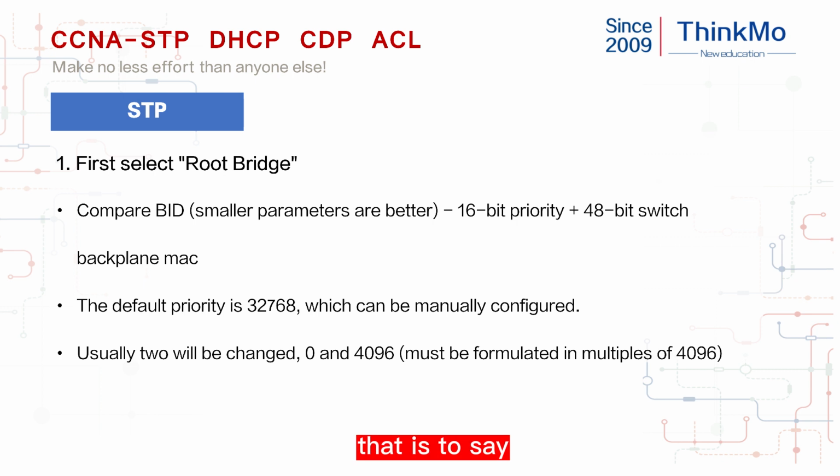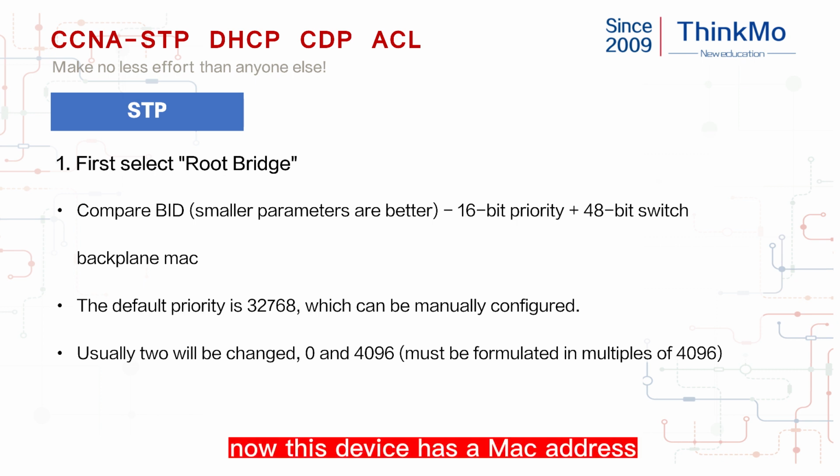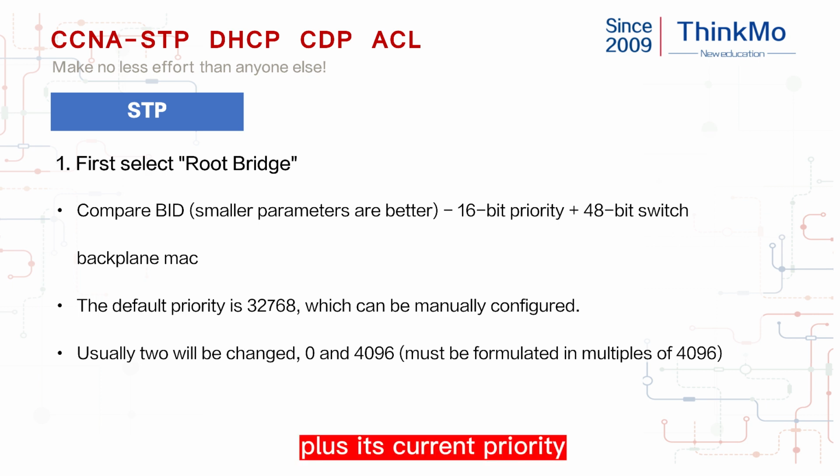That is to say, now this device has a MAC address. Then it will use this MAC address, plus its current priority, to compare. This priority has a default value of 32768. Many parameters in the second layer default to this value.